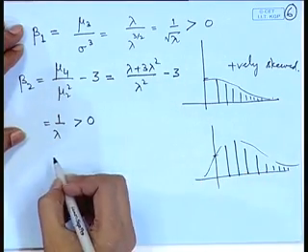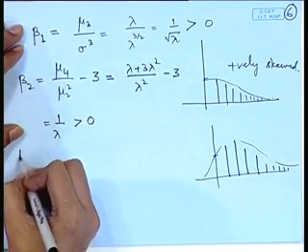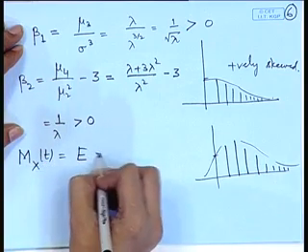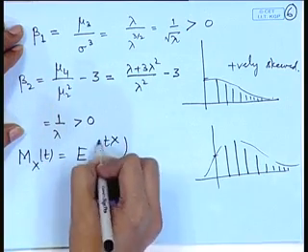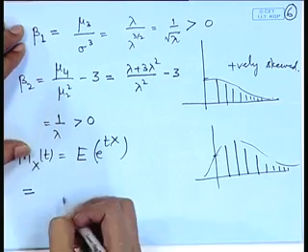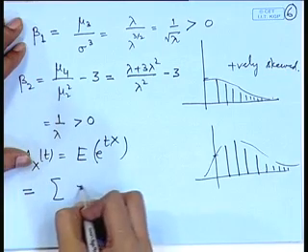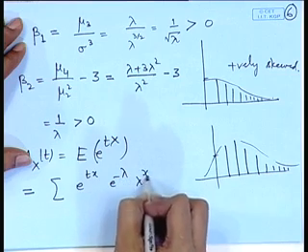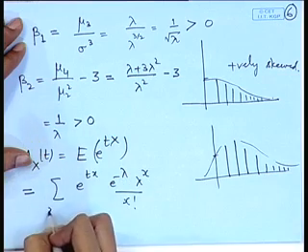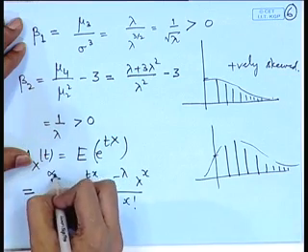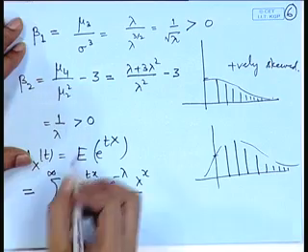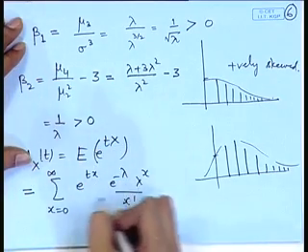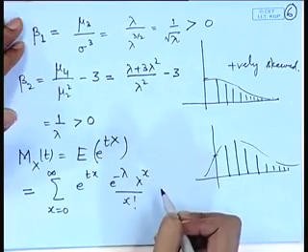We can also look at the moment generating function of the Poisson distribution, M x of t, that is expectation of e to the power tx. This is equal to summation of e to the power tx, e to the power minus lambda, lambda to the power x by x factorial, summation x is equal to 0 to infinity. We have already shown how the evaluations of the moments are done, that is by looking at the expansion of the e to the power lambda term.